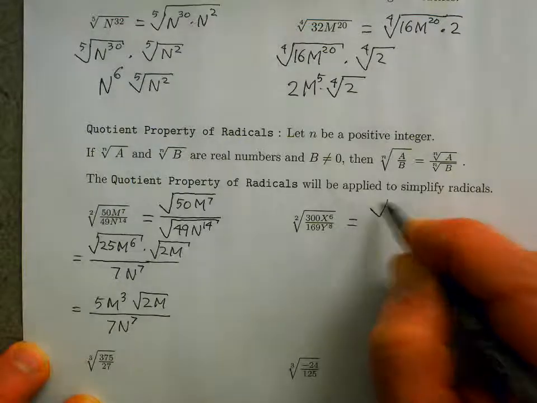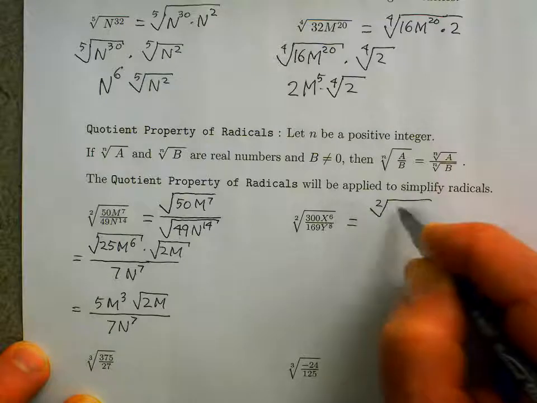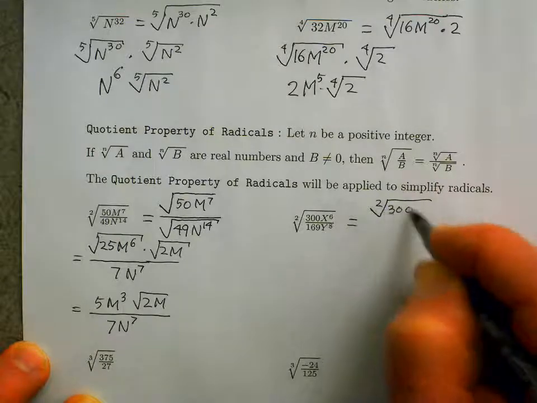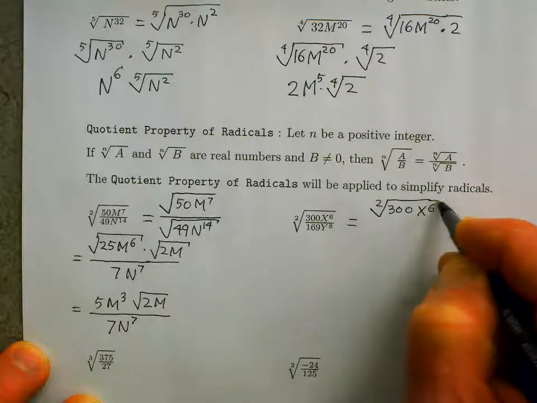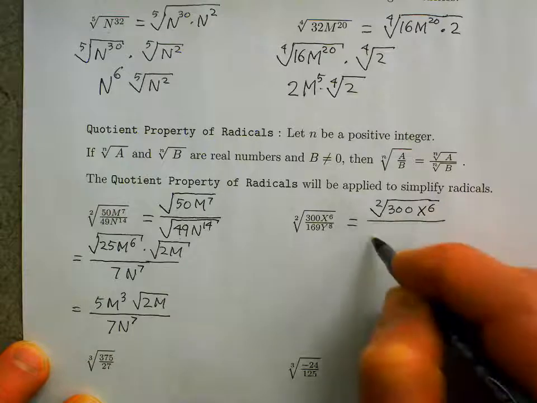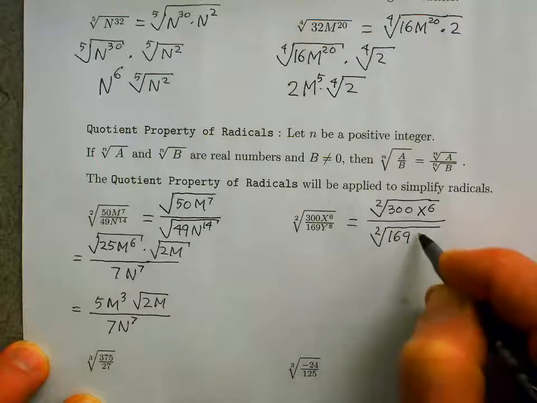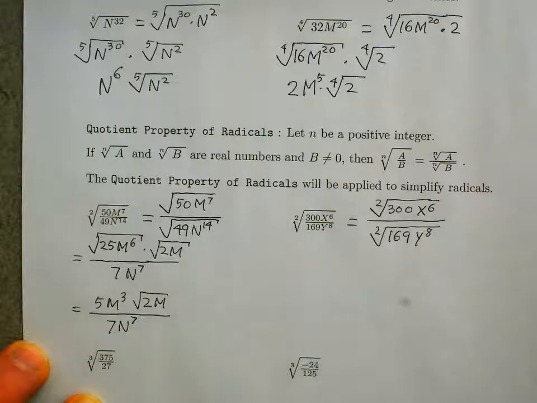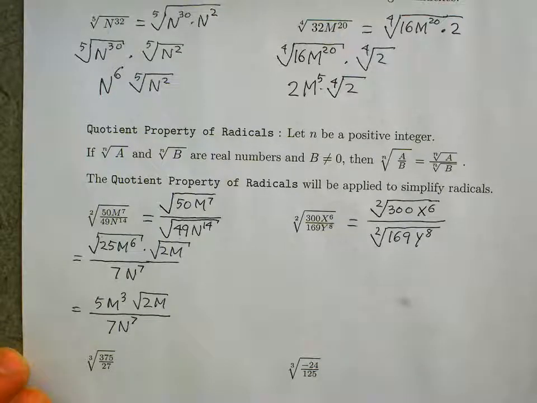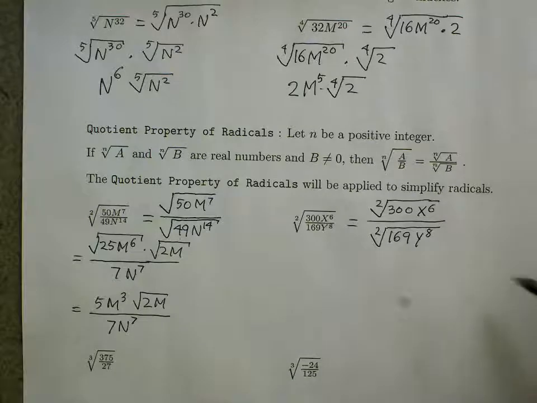The square root of the numerator, the square root of 300x to the 6th, divided by the square root of 169y to the 8th.